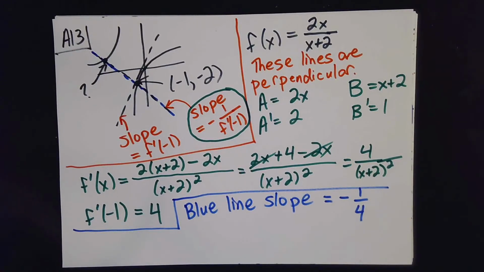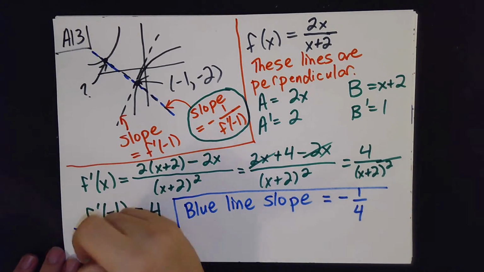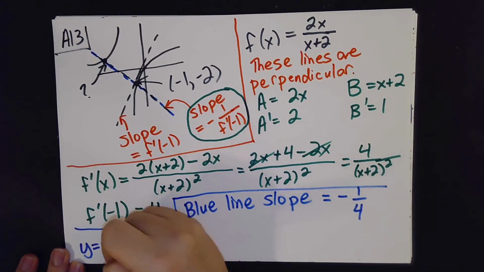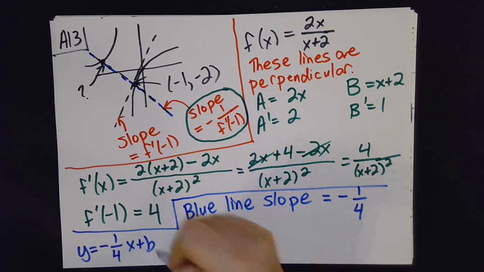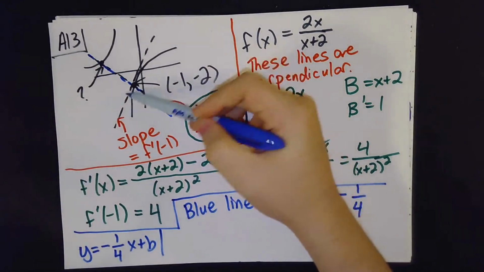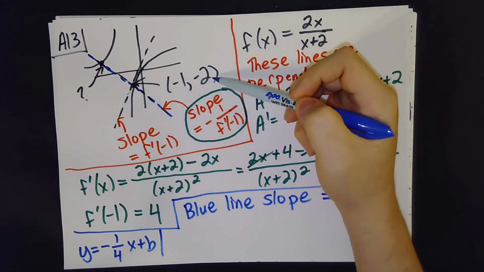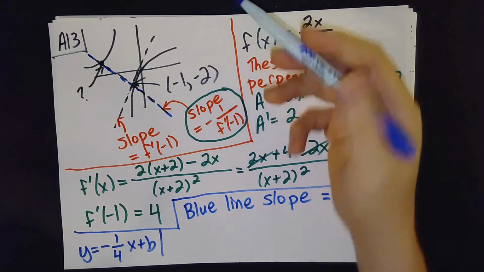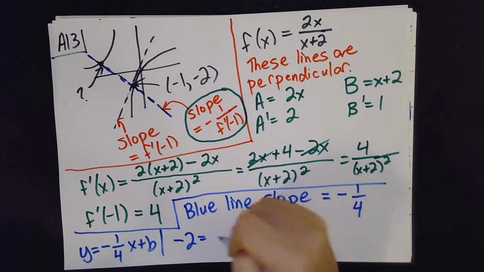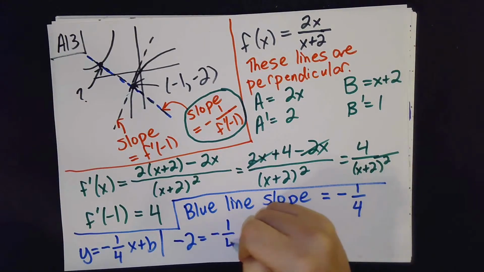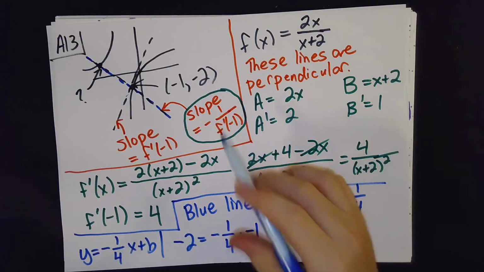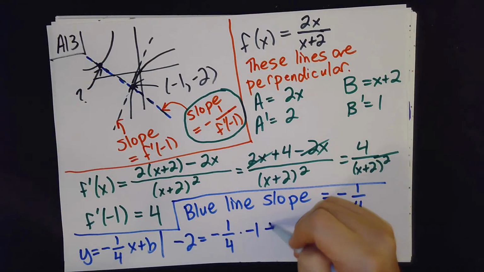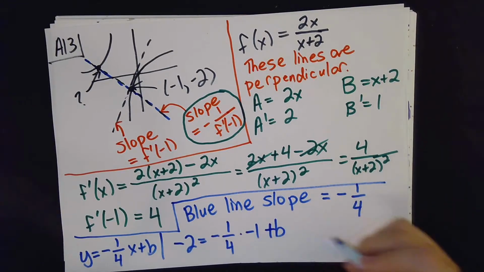So I want to actually find the equation of the blue line. It definitely looks like y equals -1/4 x plus b. Okay. It does contain the point -1, -2. So I'm going to plug that in, which will give me -2 equals -1/4 times -1 plus b. Okay.